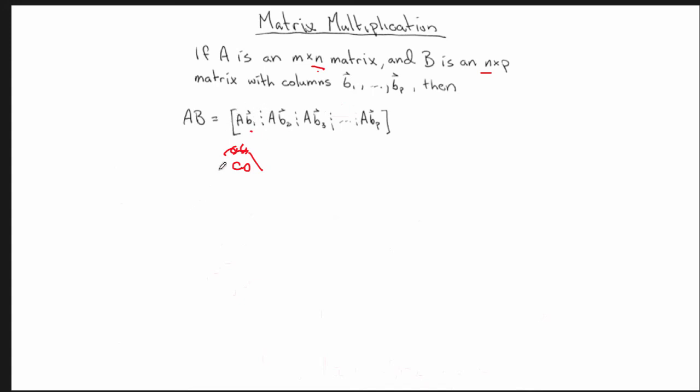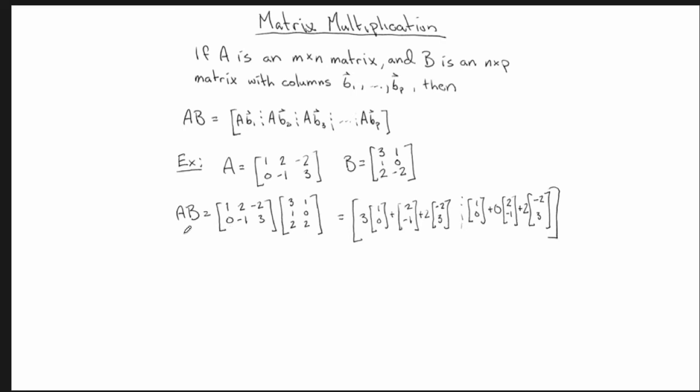Essentially, if I have a larger matrix, I'm thinking about just multiplying this vector times the matrix to get one of my columns, and then multiplying this vector times the matrix to get my second column. So if AB is equal to this times that, this is going to be one column, and that's going to be one column.